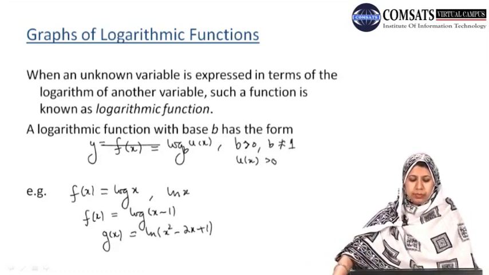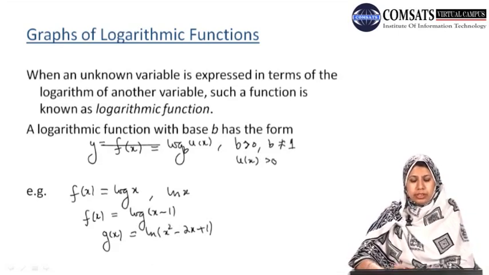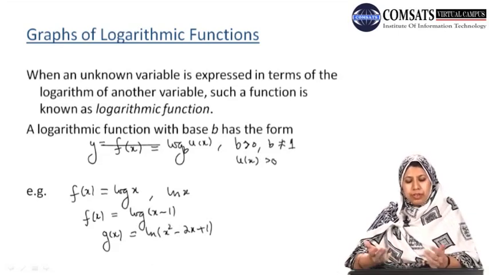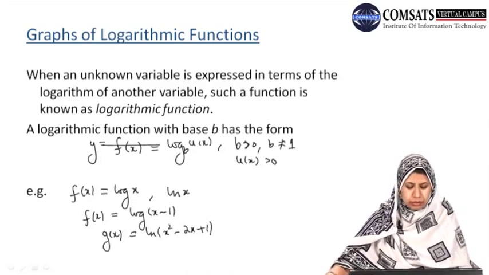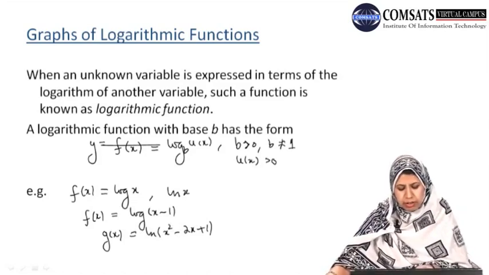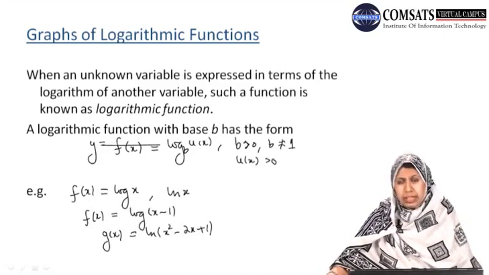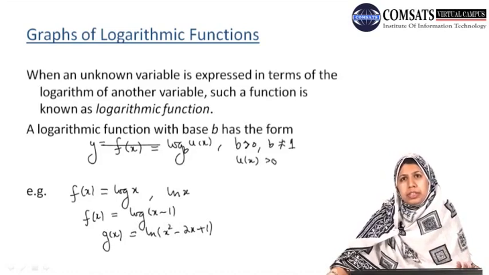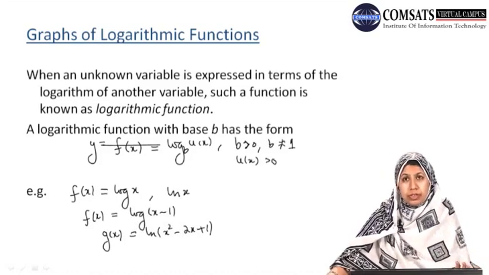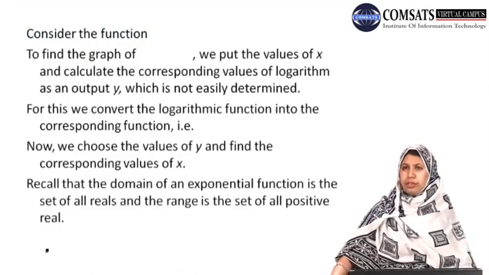These are all log functions of some unknown function which is allowed only to take positive values, where the unknown function is x, x minus 1, x squared minus 2x plus 1, and so on. It can be any function with the condition that it should take only positive values greater than 0.